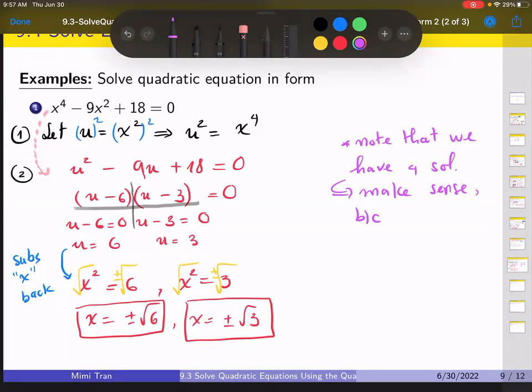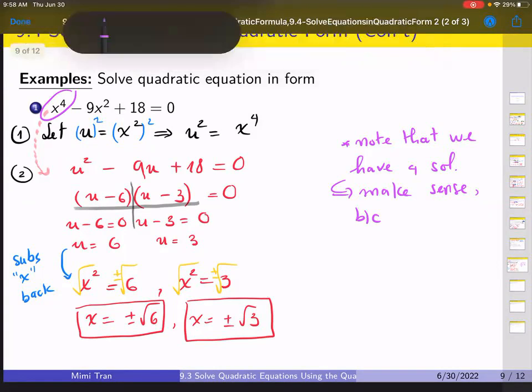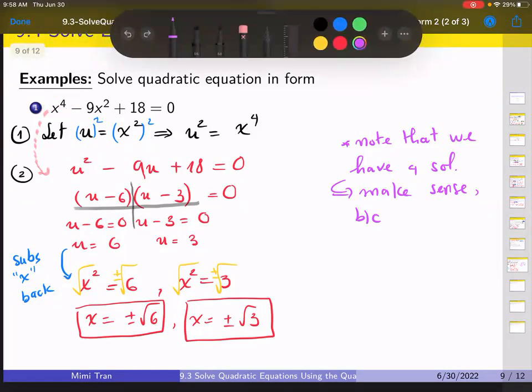Look at the beginning equation. Yeah, power of 4, 4 solutions.